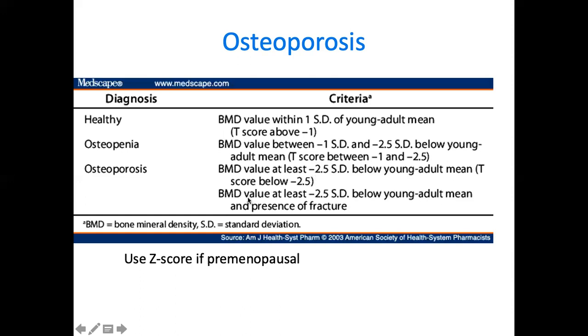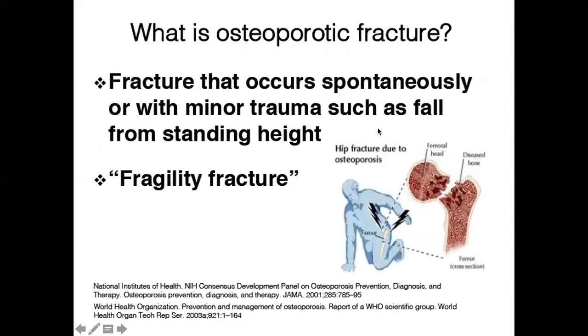If your BMD value is at least -2.5, the presence of a fracture will also clinch the diagnosis of osteoporosis. If the patient is premenopausal, then you use the Z-score. If the patient is postmenopausal, you use the T-score.